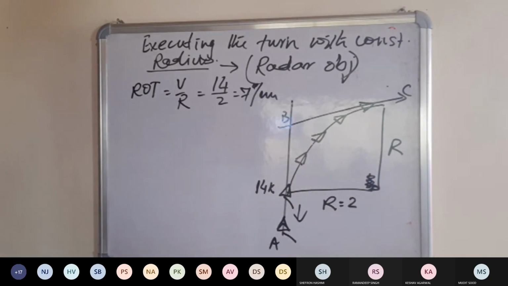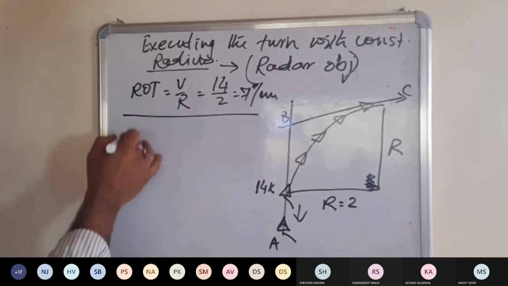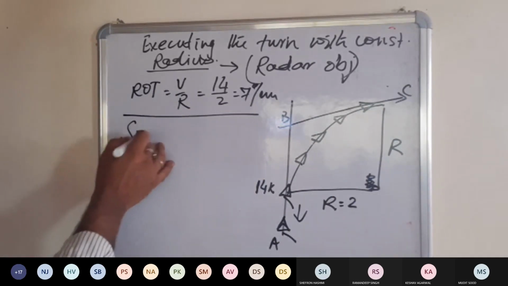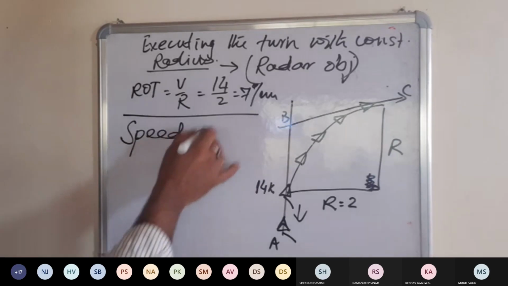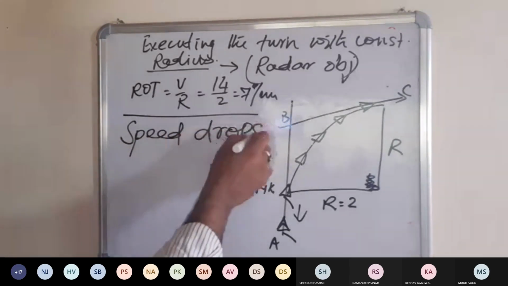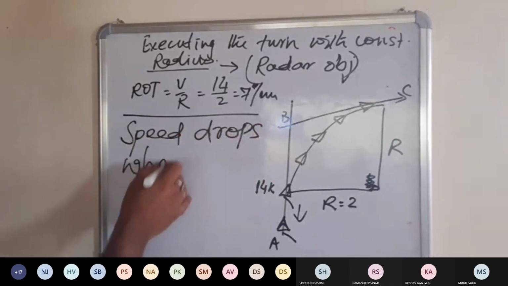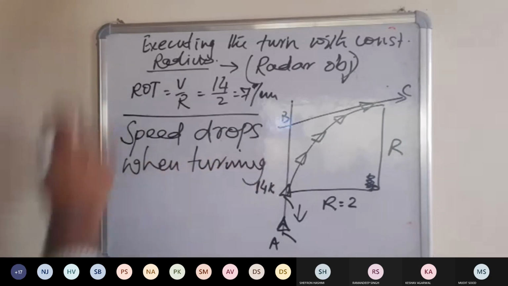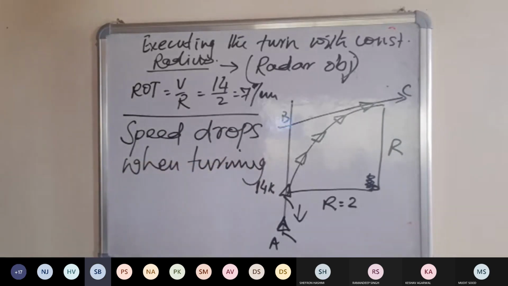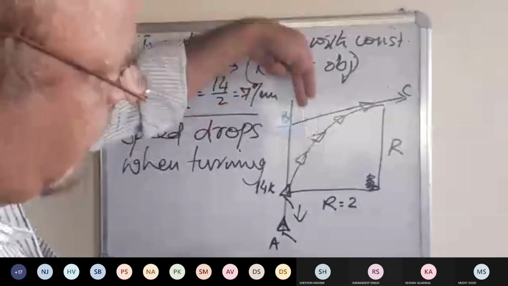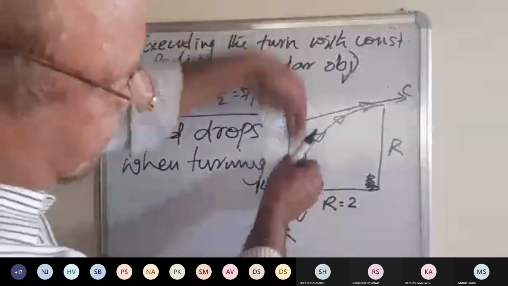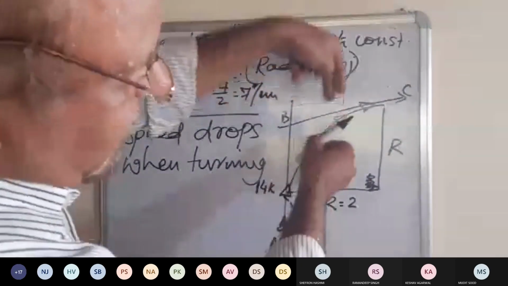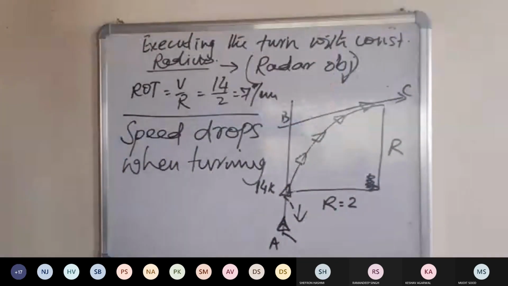But actually what happens, the vessel's speed drops when turning. When the vessel is turning, there is water pressure coming from the side and it keeps on slowing down the vessel.